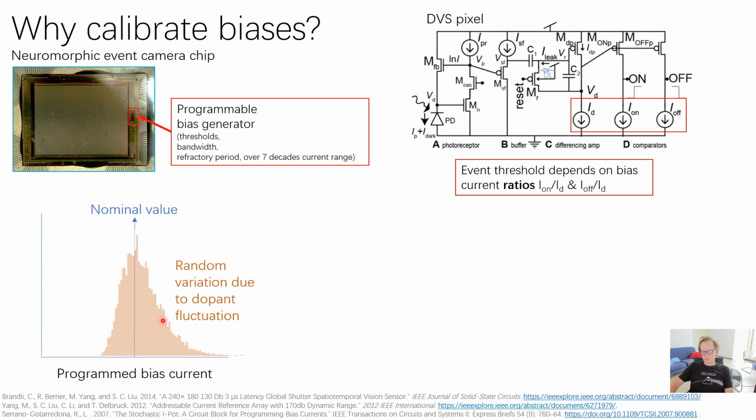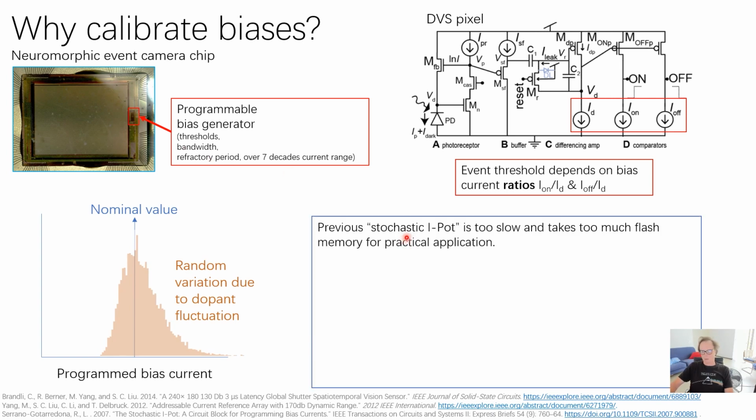So the concept is basically to use a population of biases measured on a chip to bring all the generated bias currents closer together on that chip and therefore improve the uniformity of response. The previous stochastic approach proposed by this paper here is too slow and takes too much flash memory for a practical application.